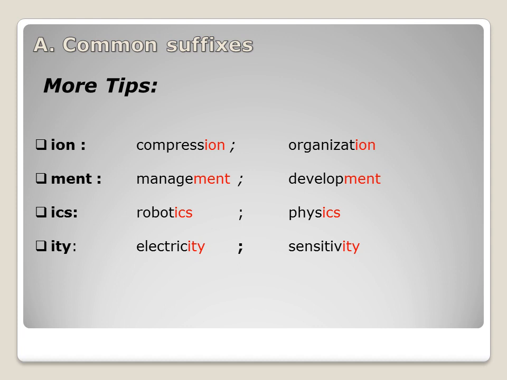For the suffix -ing, it's often added to verbs to create nouns indicating an action, process, or state. -ment is added to verbs to create nouns denoting the result or product of an action. -ology is typically added to nouns to form names of sciences or academic disciplines, and -ity is added to adjectives to form nouns indicating a quality or state.